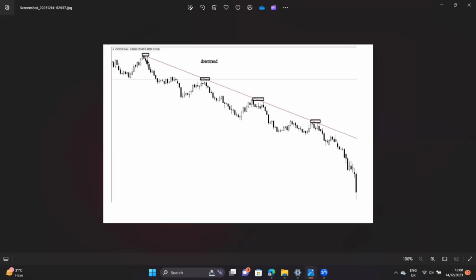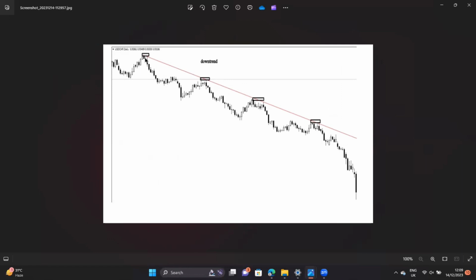Now here, you know very well that in a downtrend, we have trend lines. And how do you draw your trend lines? You draw trend lines connecting two or more swing points.